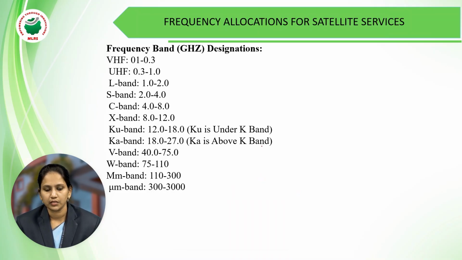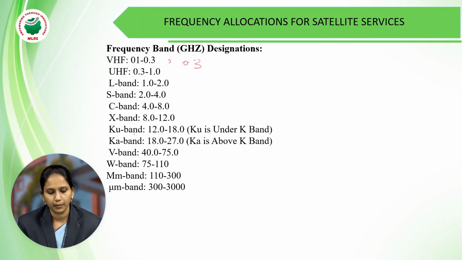The frequency allocations for satellite services: many frequency bands are there. VHF is very high frequency, with a band of 0.1 to 0.3 gigahertz. Now ultra high frequency is 0.3 to 1 gigahertz, and there are L band, S band, C band and X band.